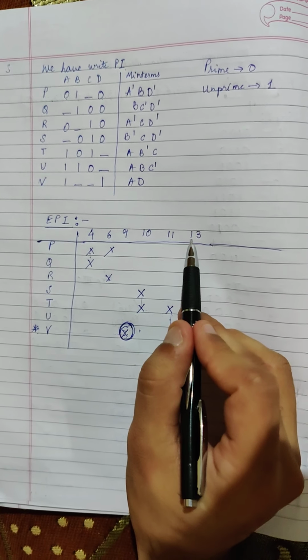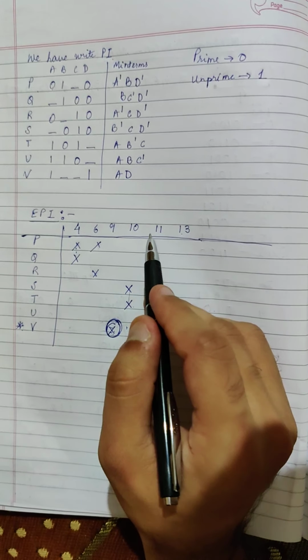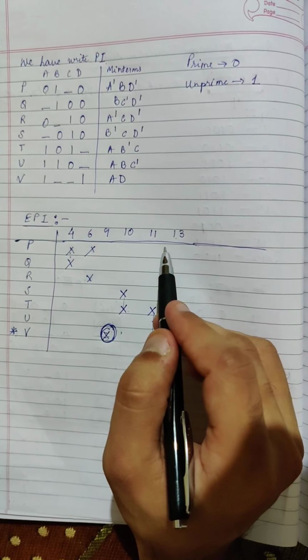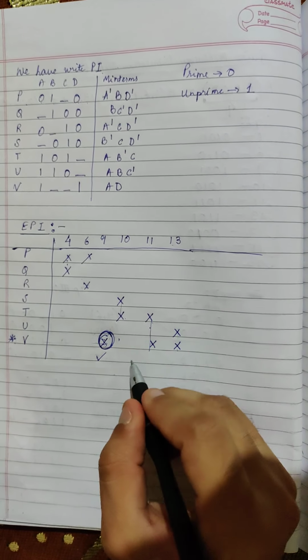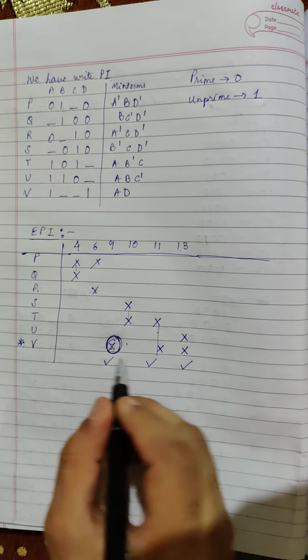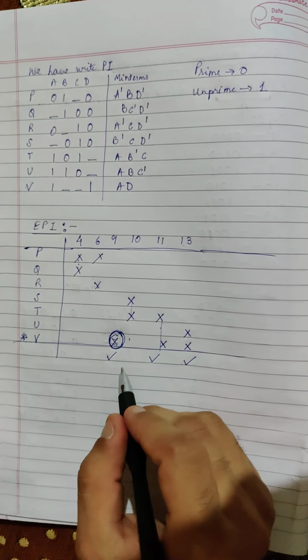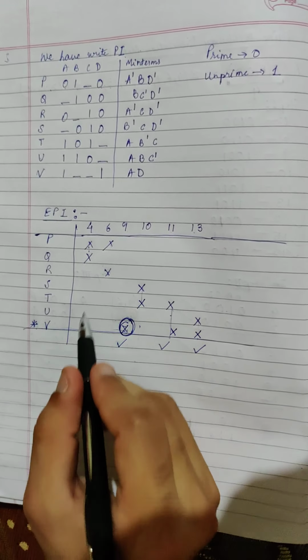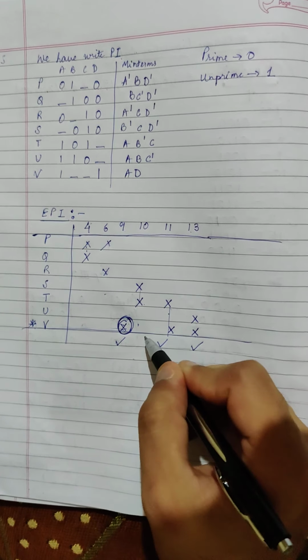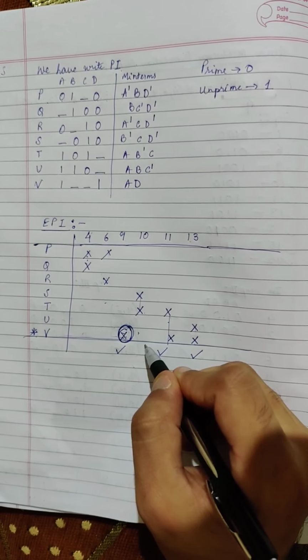So we tick the 9, 11 and 13 columns, the columns from which V is made up of. Now we take the unticked columns. So we see 4, 6 and 10 are unticked.